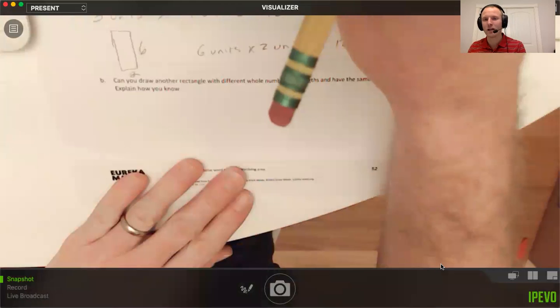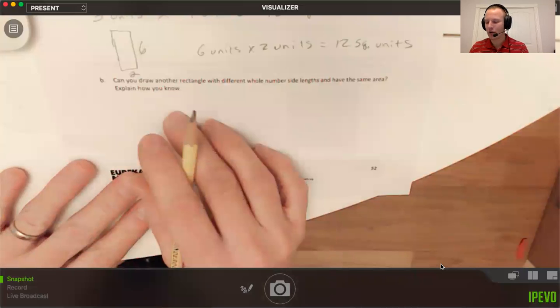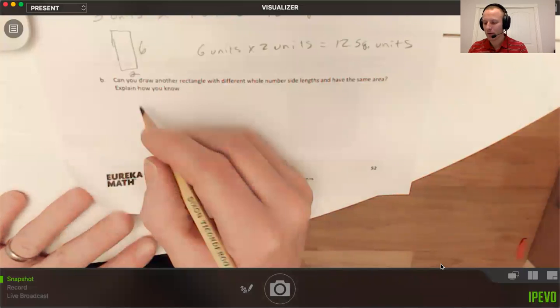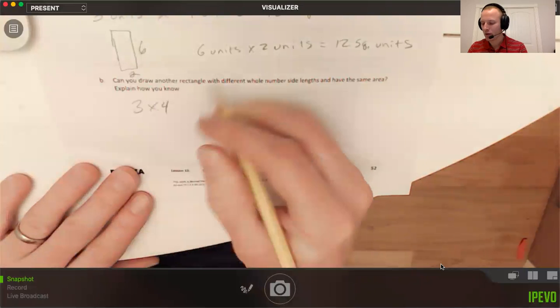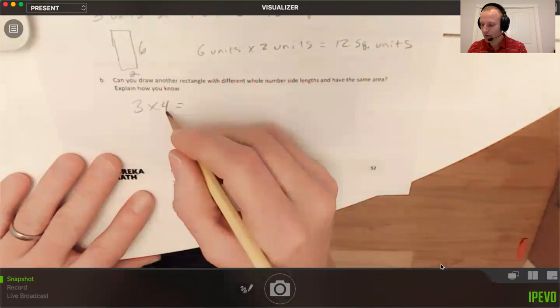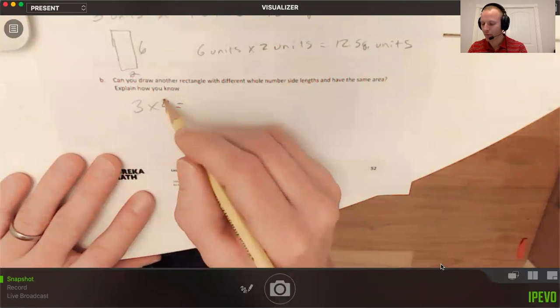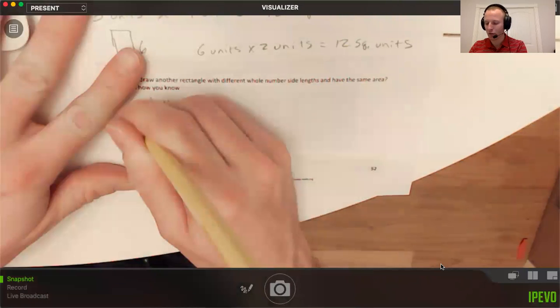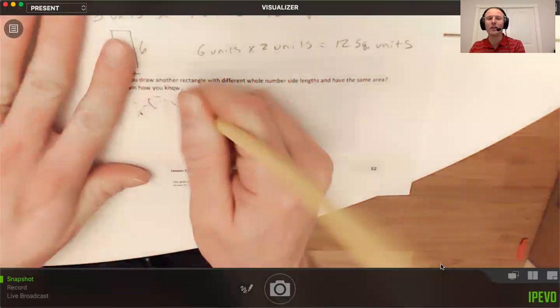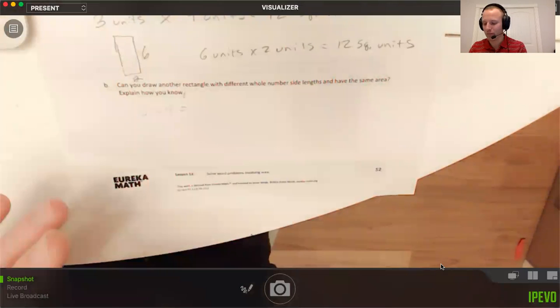This is going back to yesterday's lesson where we could manipulate the parentheses around in a problem. So we have 3 times 4. We're not going to do that. We could just make a 12 by 1. That's the last one. I could do it in that way, but it sort of doesn't make sense to.